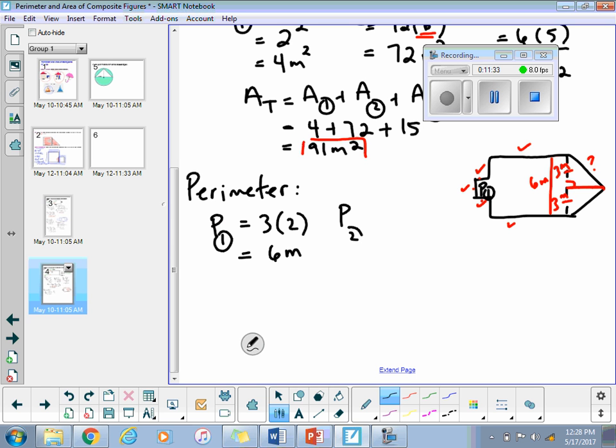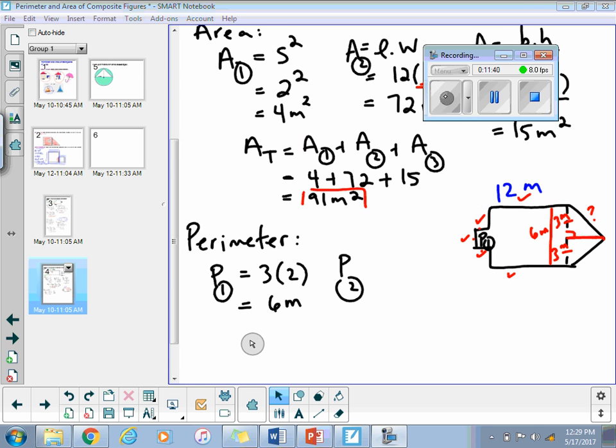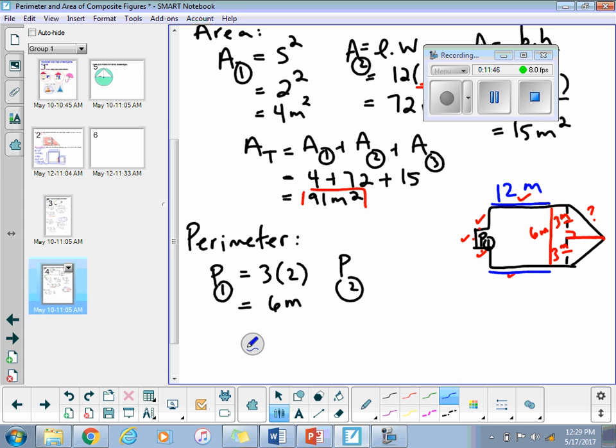Our P2, okay, if we think of our P2 now, what do we have to consider? So let's highlight what makes our P2. This makes our P2, this makes our P2, this over here, and this over here, okay? Sorry, that should extend all the way there, okay?